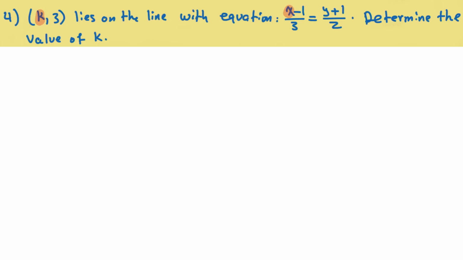And the y value for the point is 3, and that goes here. We can write that into the equation and just solve for k. So we will have k minus 1 over 3 is equal to, using this and subbing in k for x, y plus 1 over 2, and the y value here is 3.